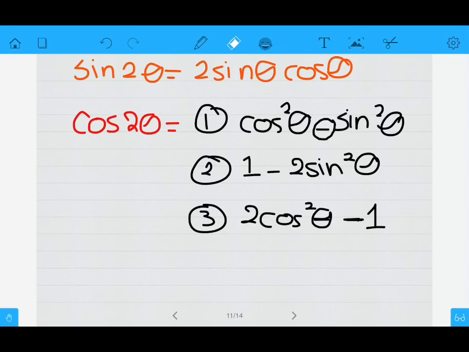The first one is cosine squared theta minus sine squared theta. The second is 1 minus 2 sine squared theta. The third is 2 cosine squared theta minus 1. We use these after deriving, to simplify the function in sine and cosine. We will use these formulas to simplify your equation.